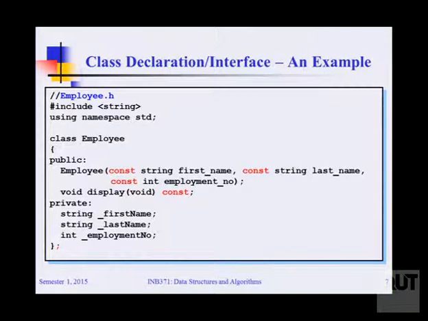It's not a pointer to the string, but it's an object of string. The last name is also a second object of string. And the third one is employee number, which is here an integer. See, an object of employee contains 3 objects. We have first name, which is a string, last name also a string, and the third one is employment number, which is an integer.